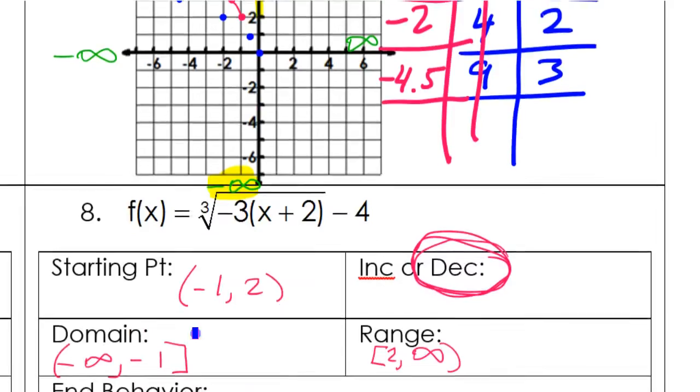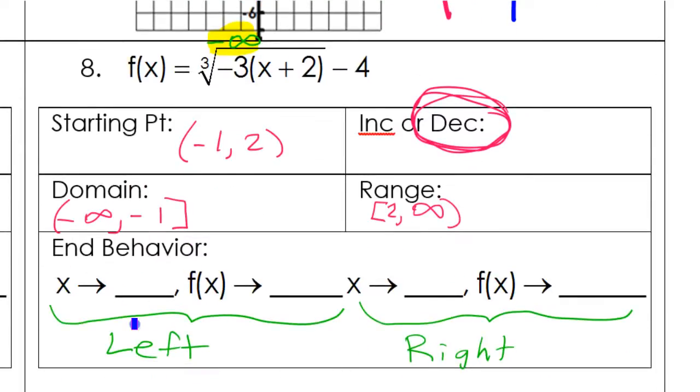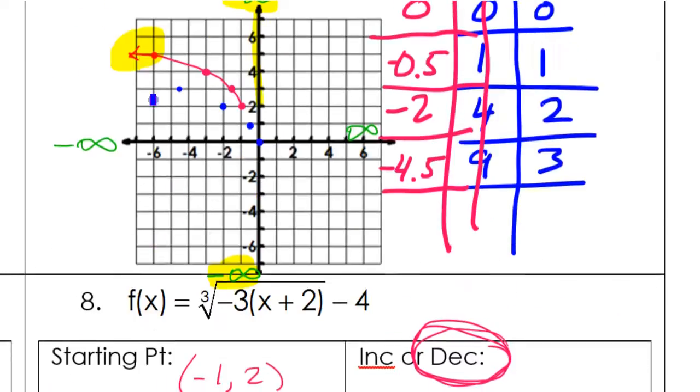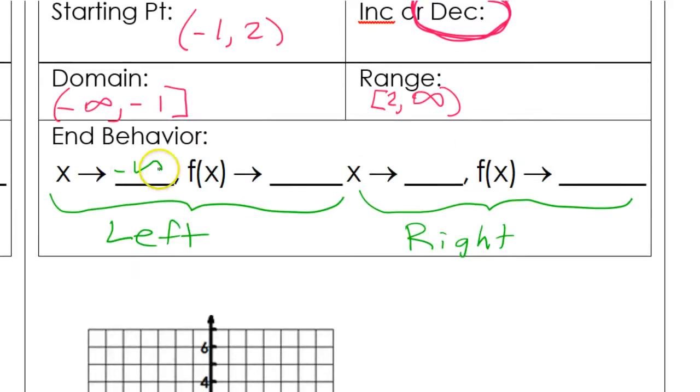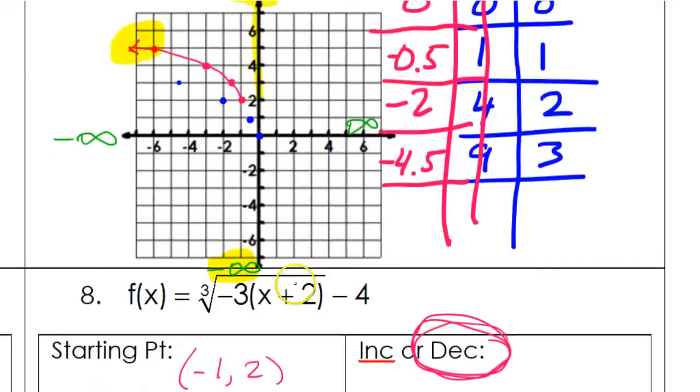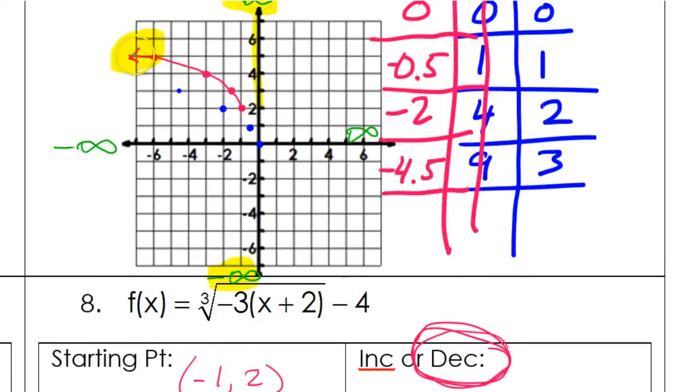As the x values go to the left, how far to the left do these x values go? They go forever. So as the x values go to the left, go to negative infinity, now I'm asking what the y values do. As I'm traveling to the left, what are the y values doing?